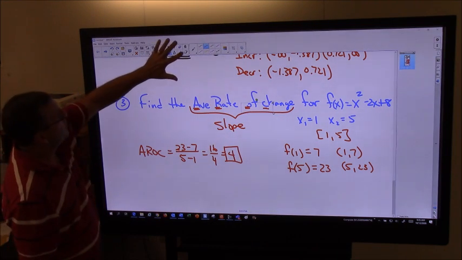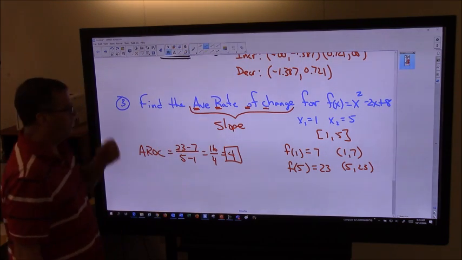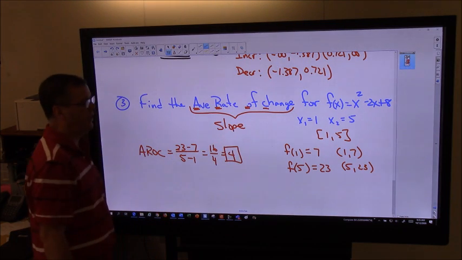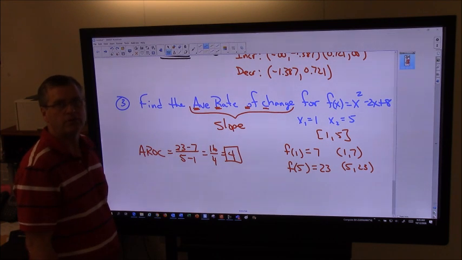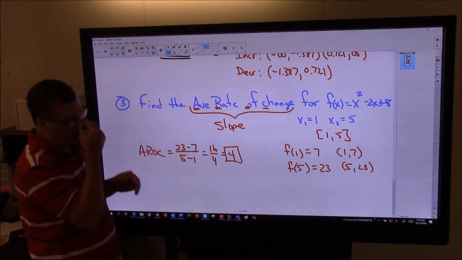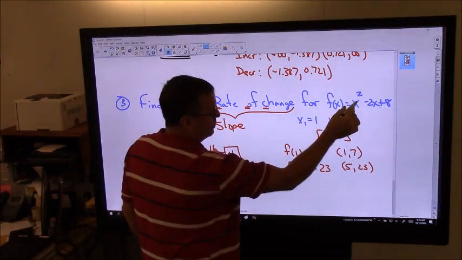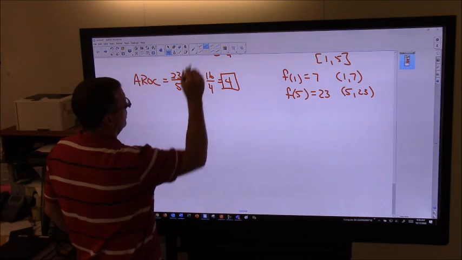Okay? All we're talking about when we say this is slope. And this will come up next year as well in calculus. We'll have to find average rates of change. It doesn't change. It's still just a slope, right? What it means is, if I was to graph this function, which it looks like a parabola, let me just draw a picture here real quick.